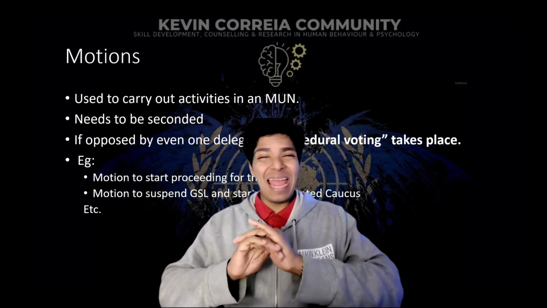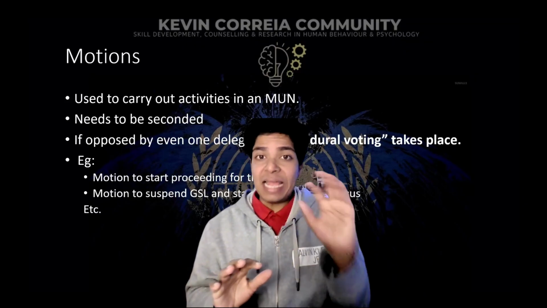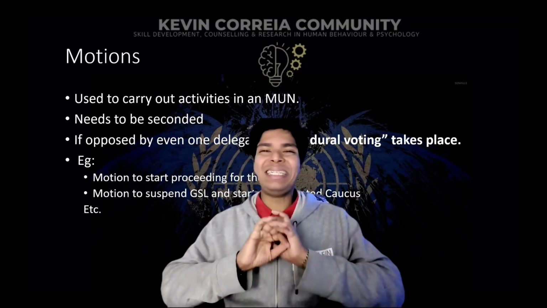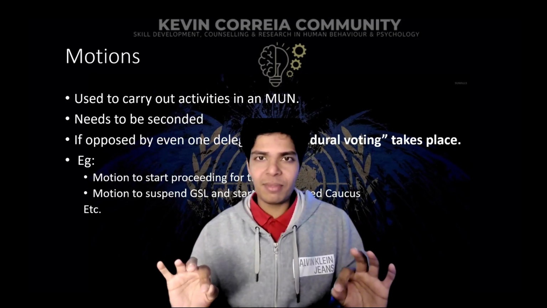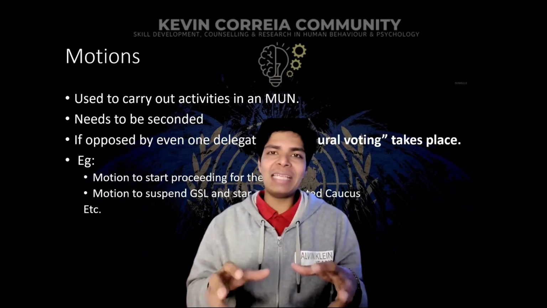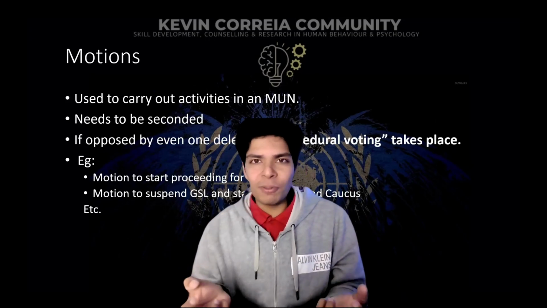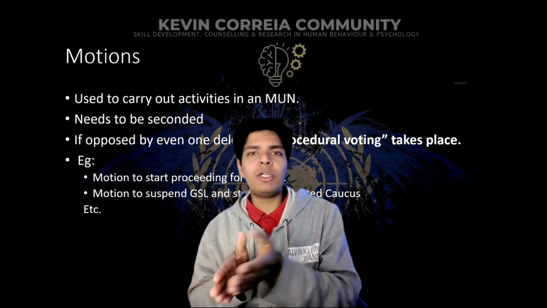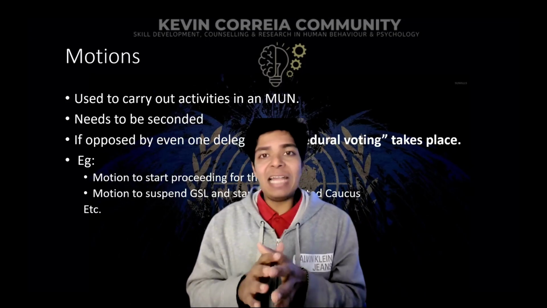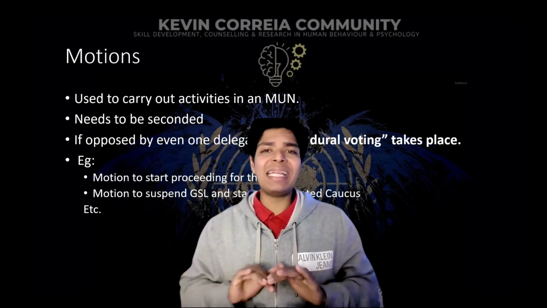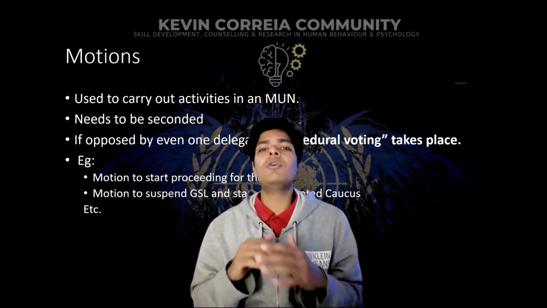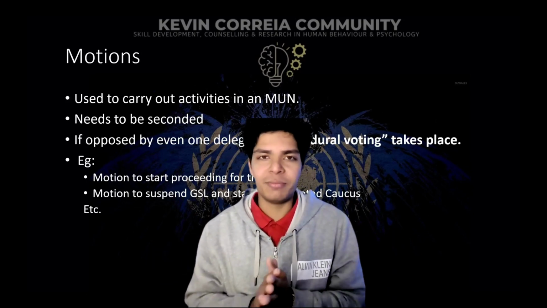Now, if any motion has seconds and no oppositions at all, the motion directly passes. If a particular motion has seconds and oppositions, then we move into procedural voting, which I will talk to you about very soon. And if a motion does not have seconds at all, that motion directly fails. It simply means that nobody in the committee wants to talk about it.